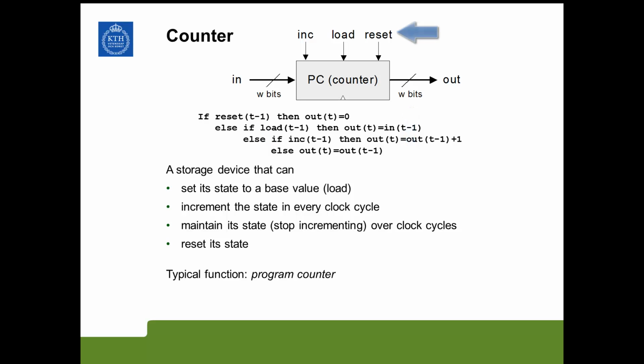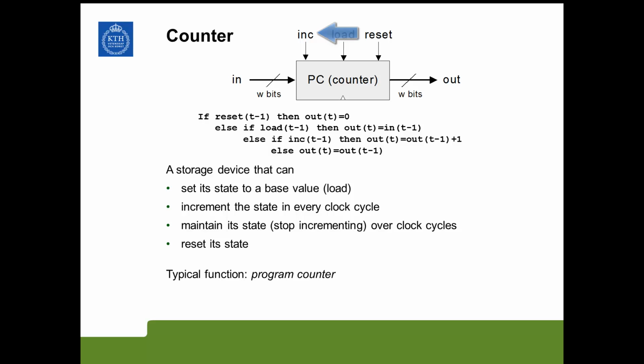If reset is true, then the value will start from 0. If load is true, then the word provided on the input will be stored in the program counter. And if increment is true, then the value that's being stored here will be incremented.